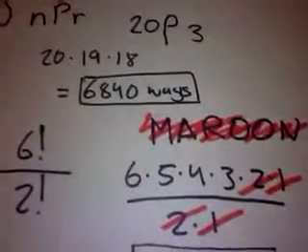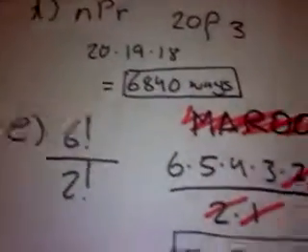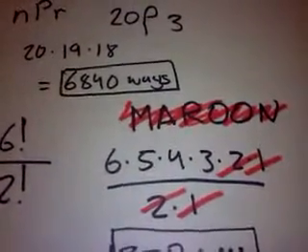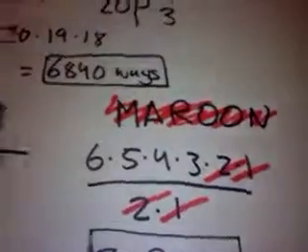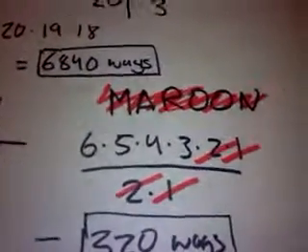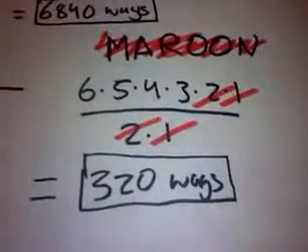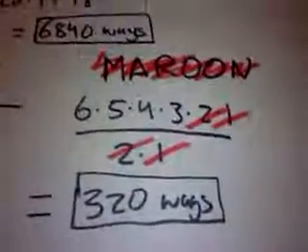See, 1, 2, 3, 4, 5, 6. So same thing like before, we just expand 6 times 5 times 4 times 3 times 2 times 1 over 2 times 1. We can take out the 2 and the 1 on both top and bottom. So we just multiply what's left over, and we end up with 322 different ways that you can rewrite the letters in maroon.